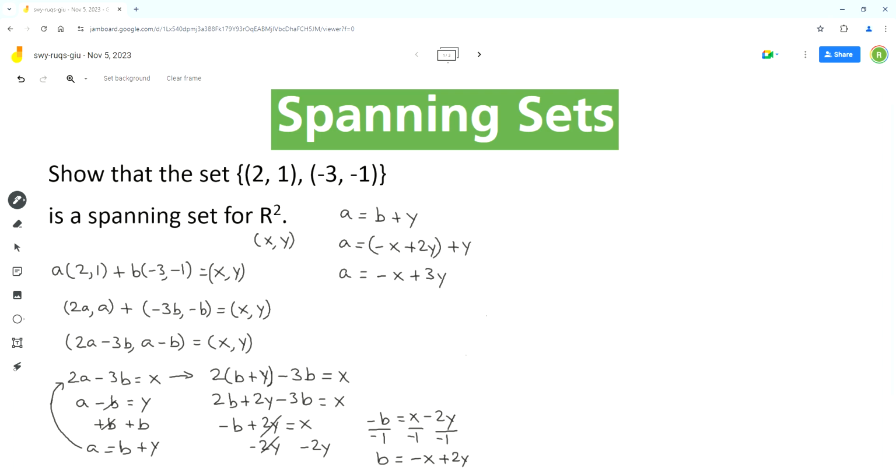So this proves that the set (2, 1), (-3, -1) is a spanning set for R2.